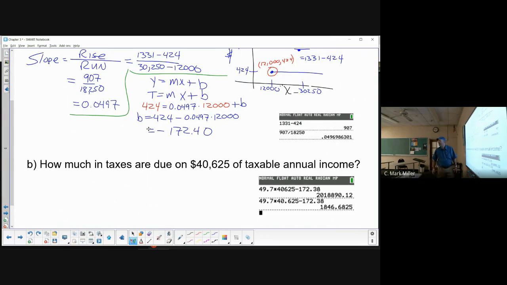Okay. And so our final function is t equals 0.0497x minus 172.40. And actually, if you see up here, that comes out to actually 172.38 if you get technical about it. So actually, you should let the calculator do the rounding.